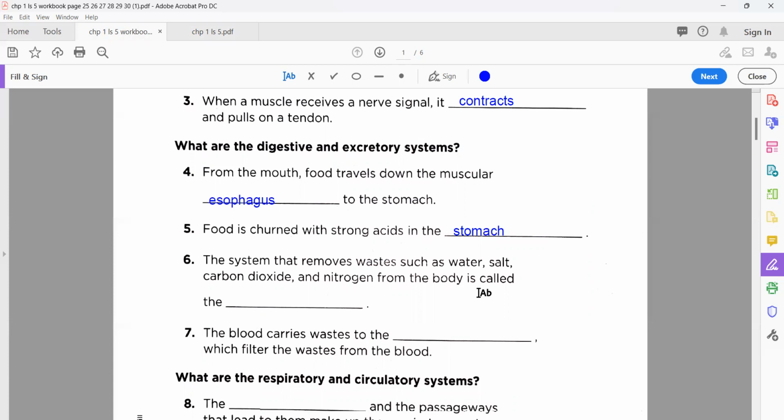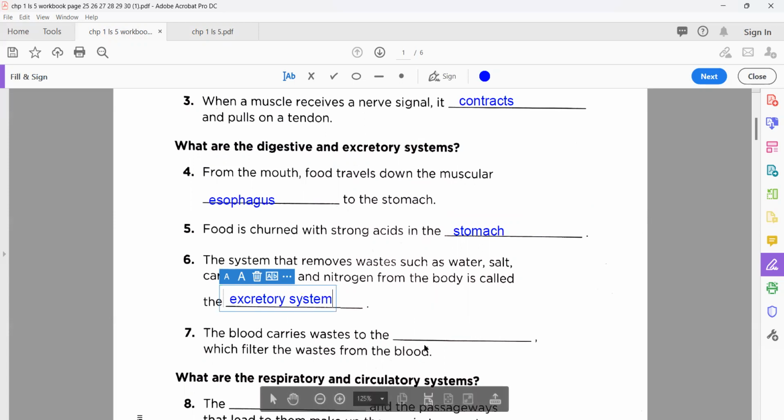So this waste that goes out from the body after digestion, we name this system the excretory system.